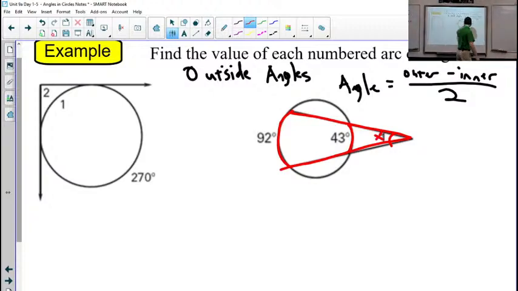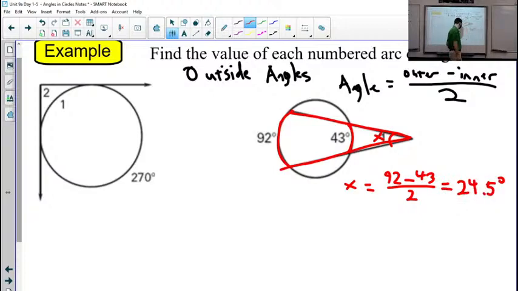So my angle, I don't know it. Outer minus inner over 2. So my outer arc is 92 minus my inner is 43 over 2. That is 49 over 2, which is 24.5 degrees.